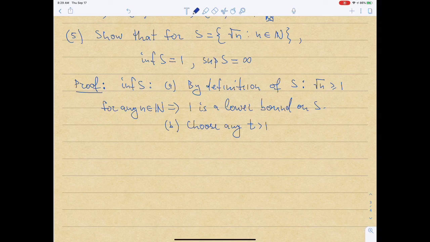Then, what can I observe here? So why t cannot be a lower bound? Because I should be able to find an element of my set which is below that t, right? So if I can find an element of my set below t, then t cannot be a lower bound. Why should I be able to find such an element?